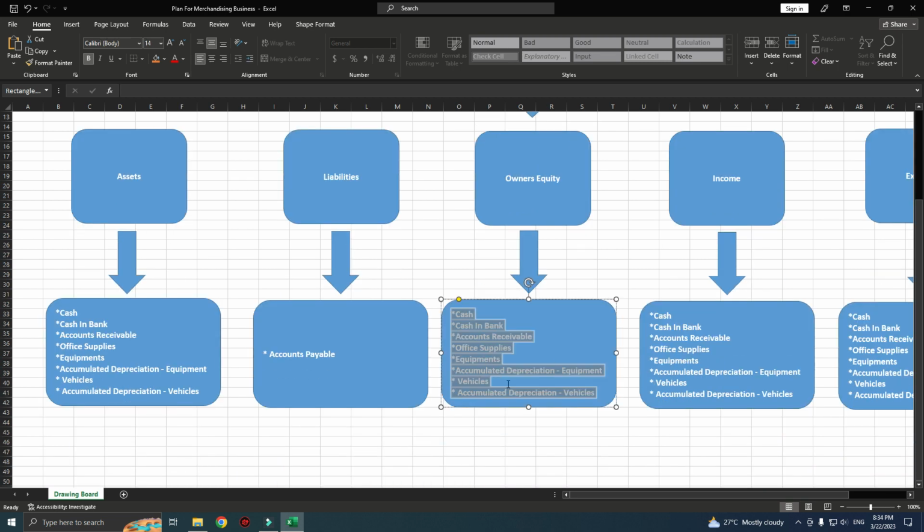In owner's equity, you have capital and withdrawal. We can use retained earnings if you are going to calculate the income every month, because the income will be closed every year.